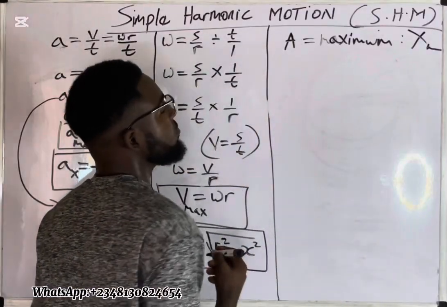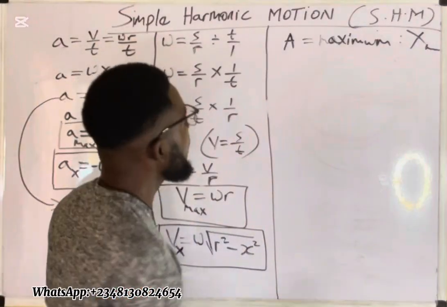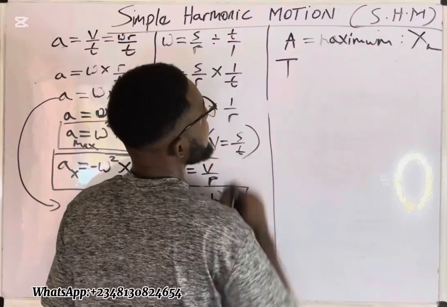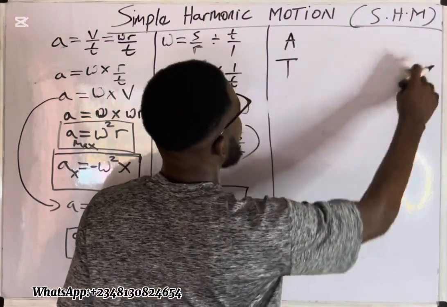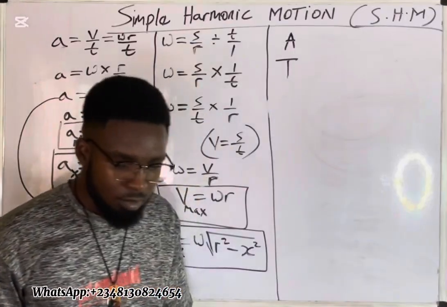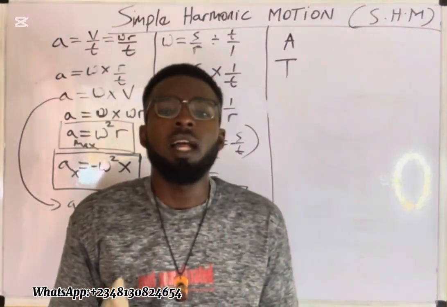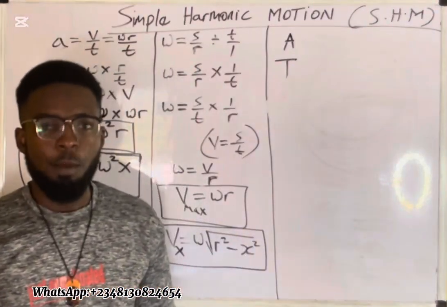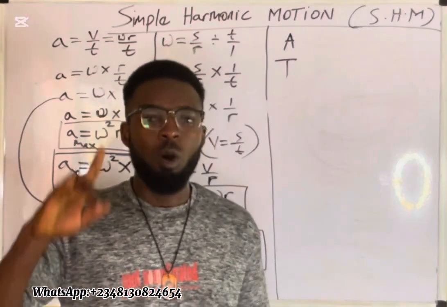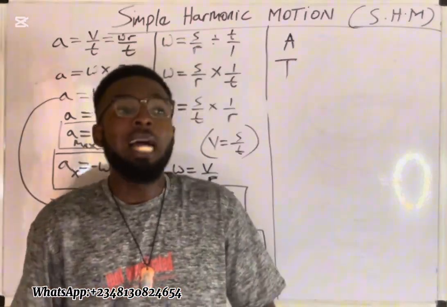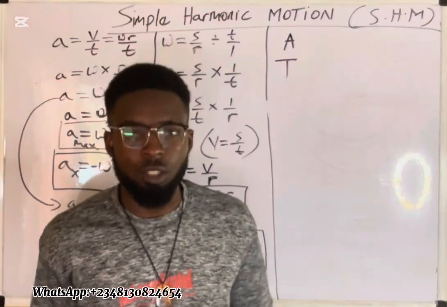And also period. Period is denoted with capital letter T. Let me clear this part. Period is denoted with capital letter T. Now, what do we understand by period? Period is the time taken for a body to observe one circle or one complete oscillation.